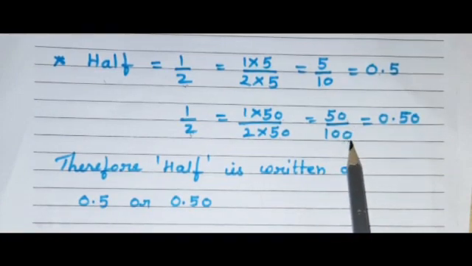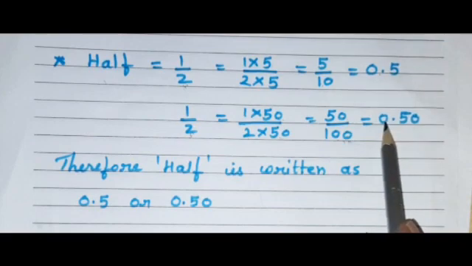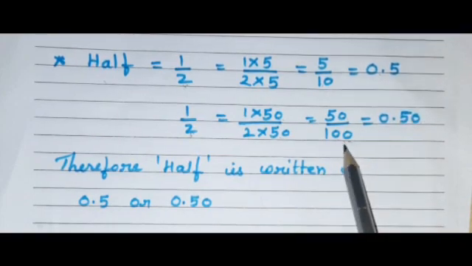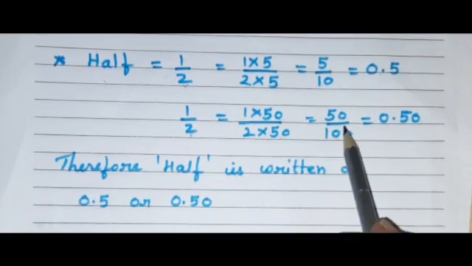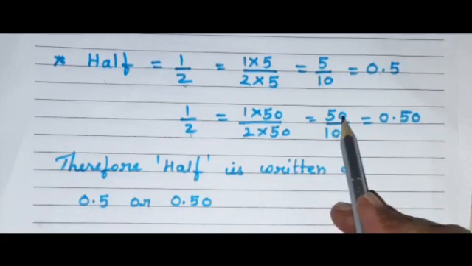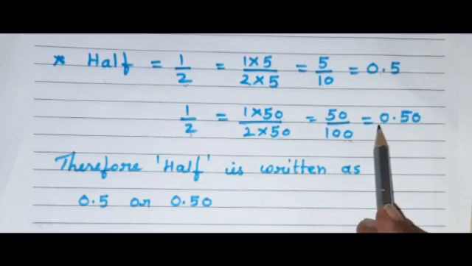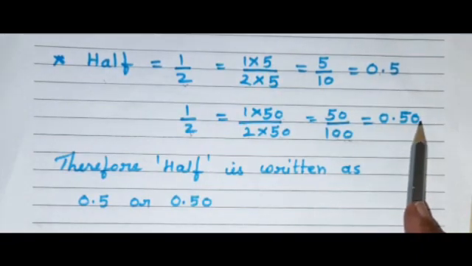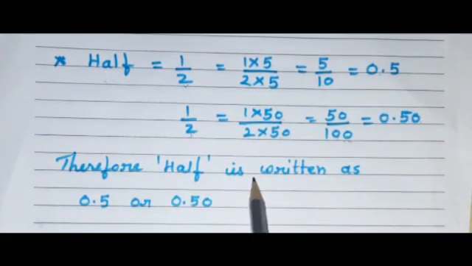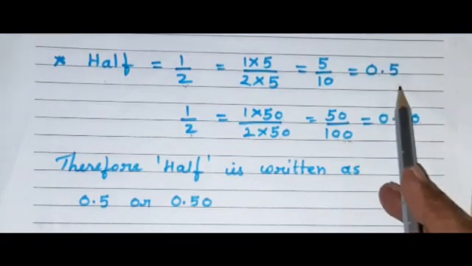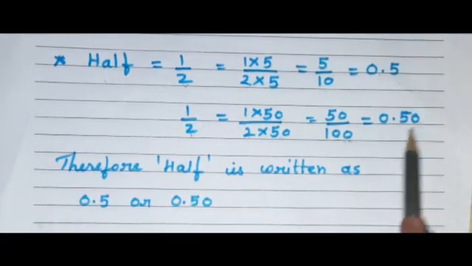Now 50/100 is written in decimal form as 0.50, because there are 2 zeros, so put a decimal point before these 2 digits. So 1/2 is equal to 0.50. Therefore, half is written as 0.5 or 0.50.